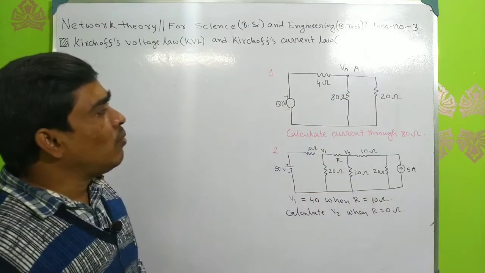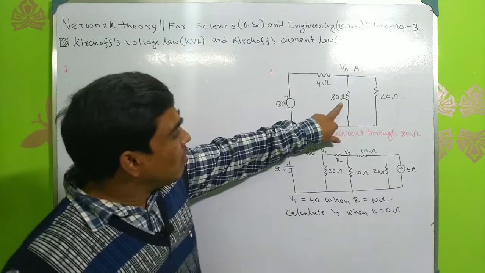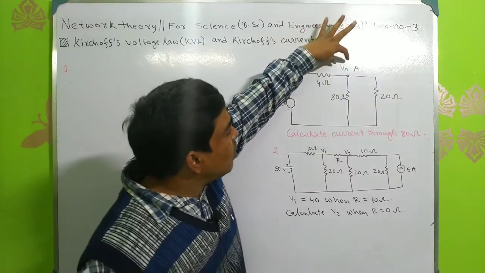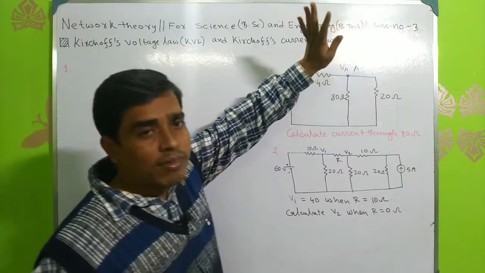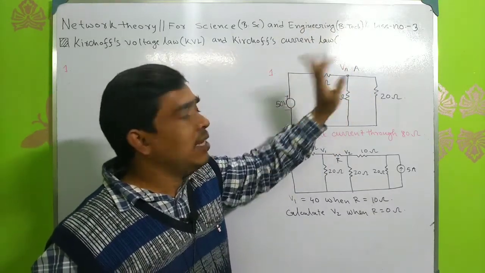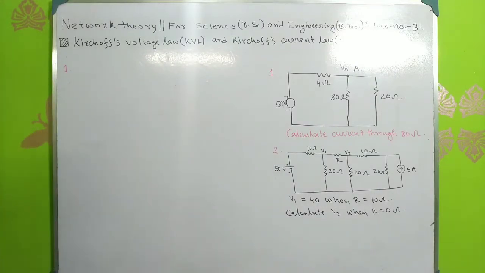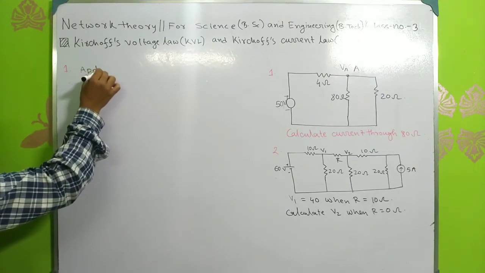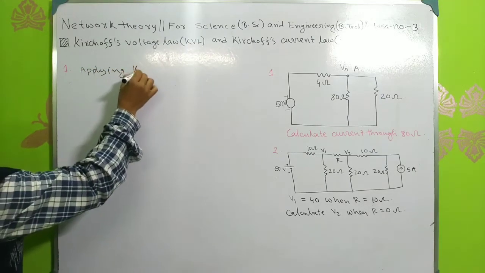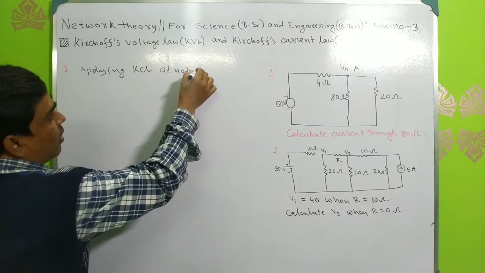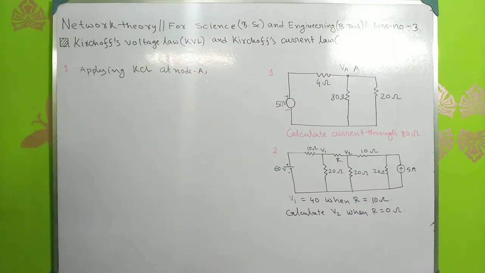If I want to calculate the current through this 80 ohm resistance, we have to calculate the node voltage at node A. So first of all, we should calculate the value of node voltage VA at node A. So applying KCL at node A, what will be the equation?